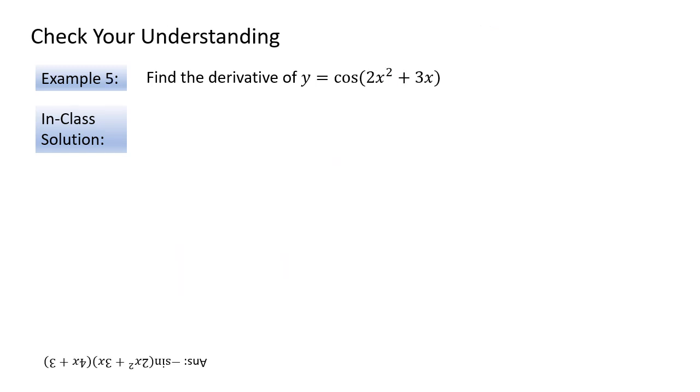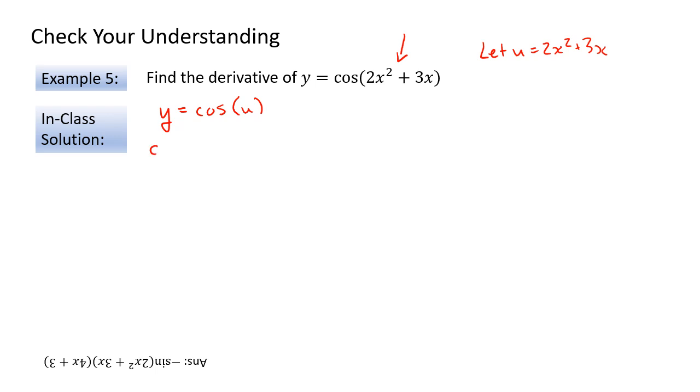So let's look at another example. Find the derivative of y equals cosine of 2x squared plus 3x. Okay, again, it's not just x here. So we have to use the chain rule. So let u equal 2x squared plus 3x. So if I substitute that in, y is equal to the cosine of u.